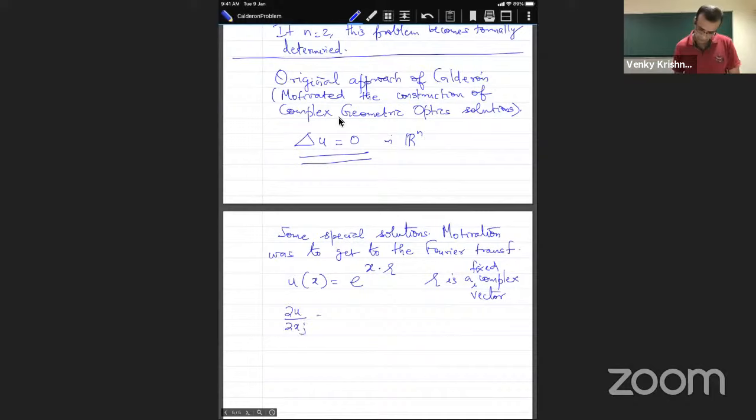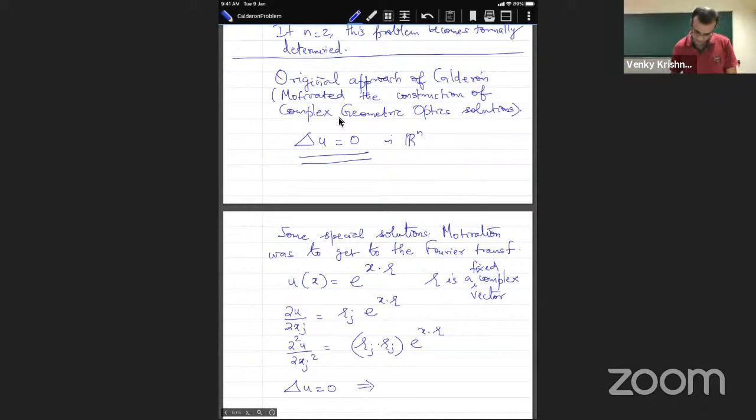If you have du dxj, that's going to be zeta j e to the x dot zeta, and the second derivative d squared dxj squared gives zeta j squared e to the x dot zeta. And now Laplace u is equal to 0.